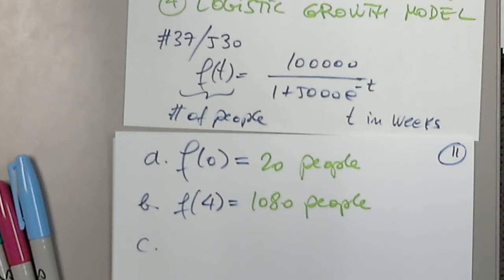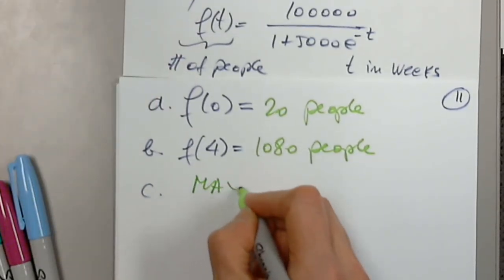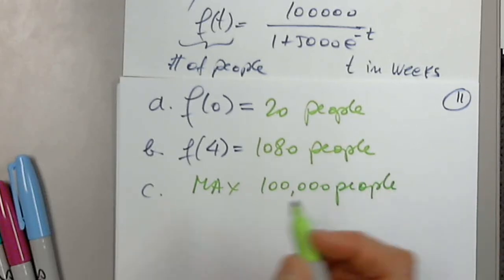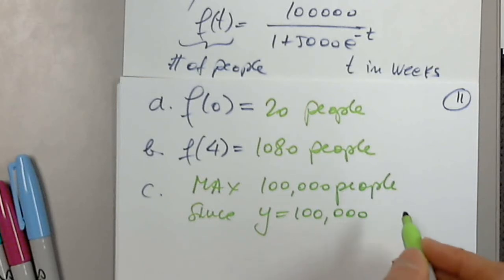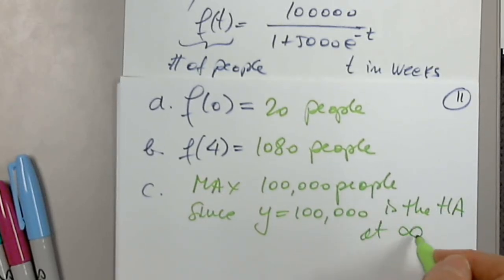Correct. So indeed, max 100,000 people, since y equals 100,000 is the horizontal asymptote at infinity. Although we cannot really say infinite weeks, but yes.